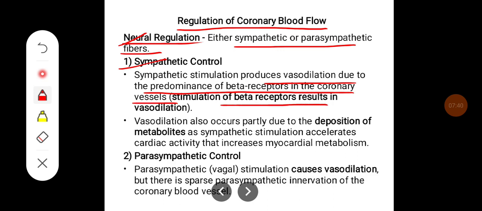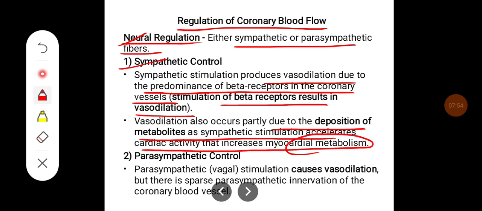Stimulation of beta receptors results in vasodilatation. Vasodilatation also occurs partly due to the deposition of metabolites, as sympathetic stimulation accelerates the cardiac activity that increases the myocardial metabolism. Parasympathetic control: parasympathetic stimulation causes vasodilatation, but there is sparse parasympathetic innervation to the coronary blood vessels.